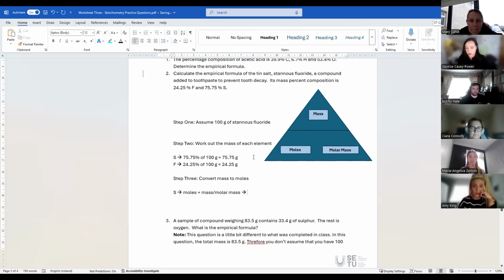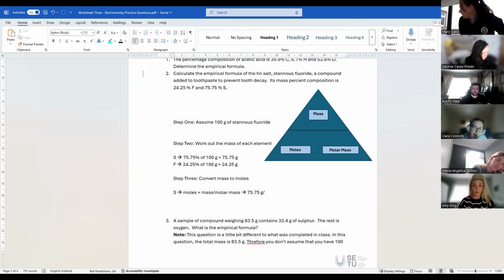Okay. So in this case, for my stannous, I have 75.75 grams, and I'm going to divide that by the molar mass of that element. Just bear with me 2 seconds and I'll have a look on the periodic table. Okay, so that's 118.7 grams per mole.